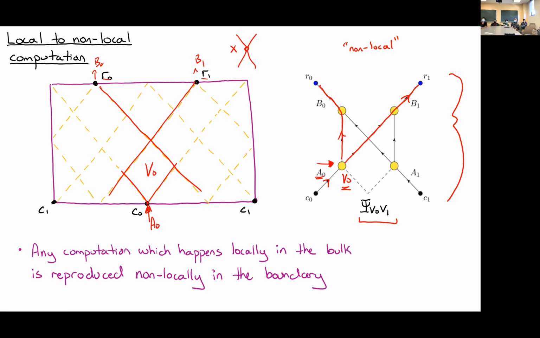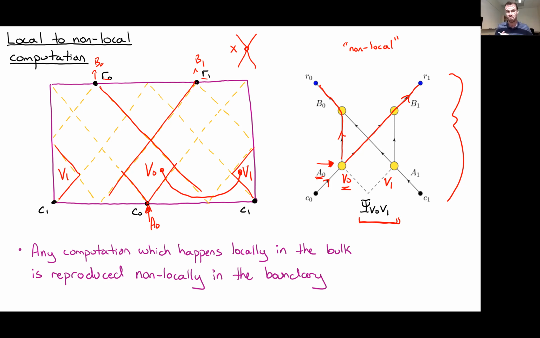And then similarly, there's V1 over here. In general, this state that starts out shared between the left and the right will be some entangled state, and that entanglement is capturing the entanglement between these parts of the CFT. Right, I see. Thank you.